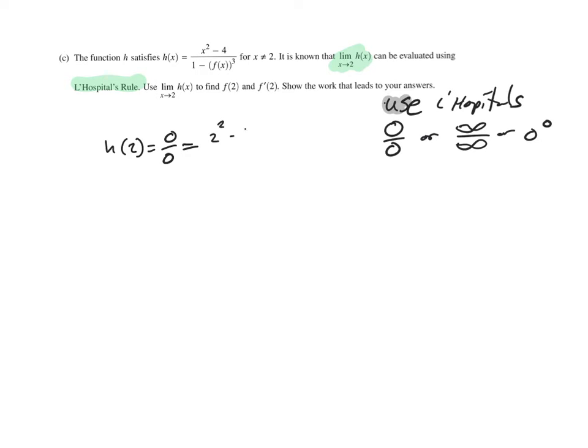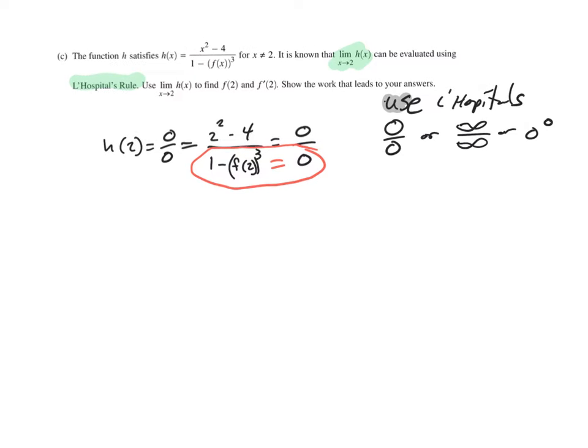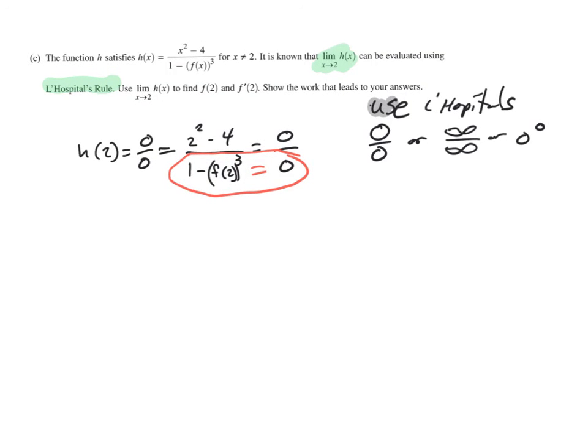If I plug in a 2, I get this on top, and that definitely gives me a 0. And 1 minus f of 2 cubed should somehow give me a 0 on the bottom. So that means that equals 0. If that equals 0, what else do we know?